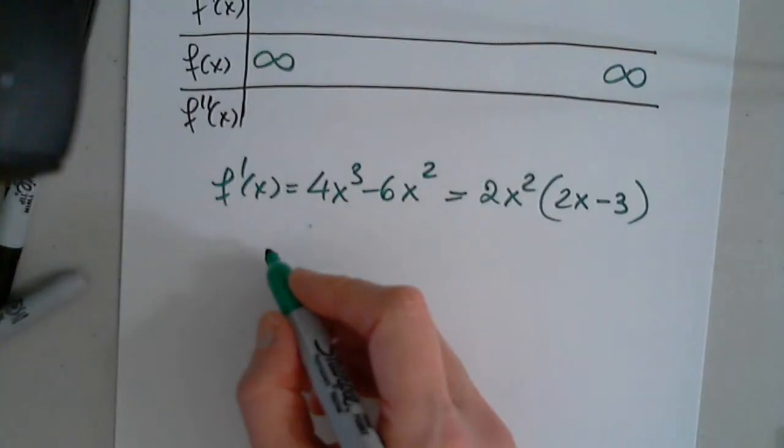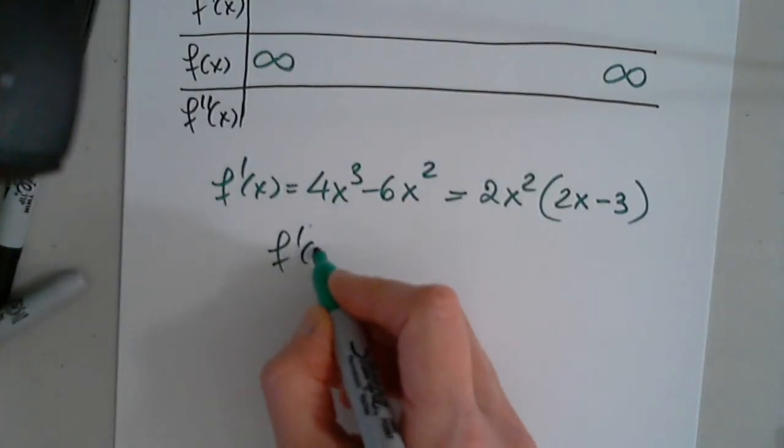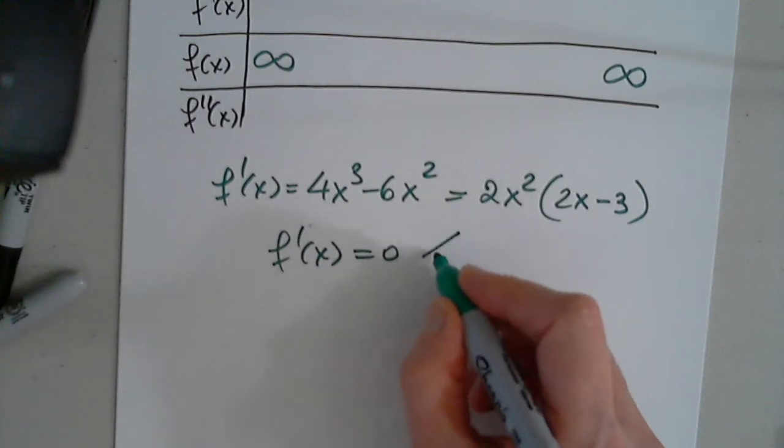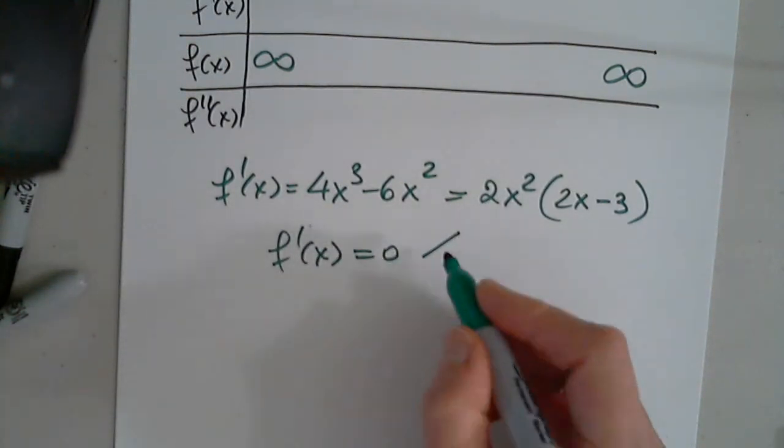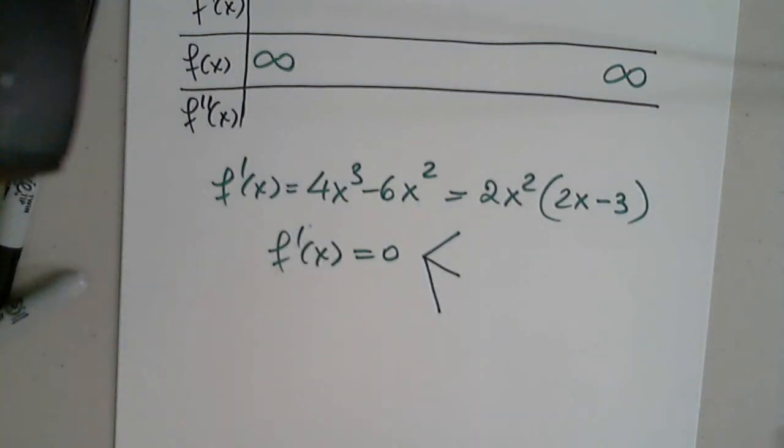Since the degree is, what is the degree of this polynomial? Anyone? 3. Good. Then we have 3 solutions. Can anyone give us 3 solutions? Gabby, will you give us 3 solutions? Is one of them 0?